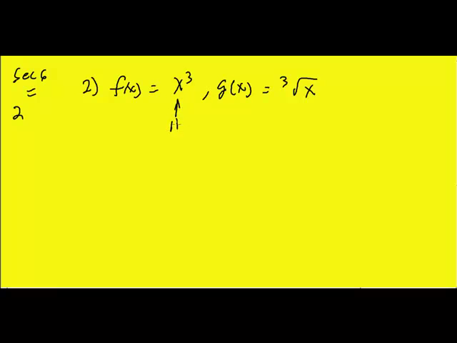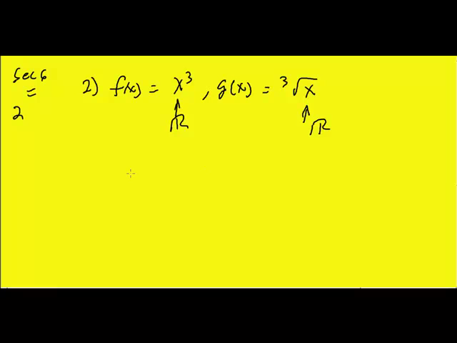This is all reals. There's no number I cannot use there. Is there any number I cannot use in that function for the x? No, because I can take odd roots of a negative number. So this is also all reals. I do not get any restrictions from the original functions. If I do, I have to keep that in mind.